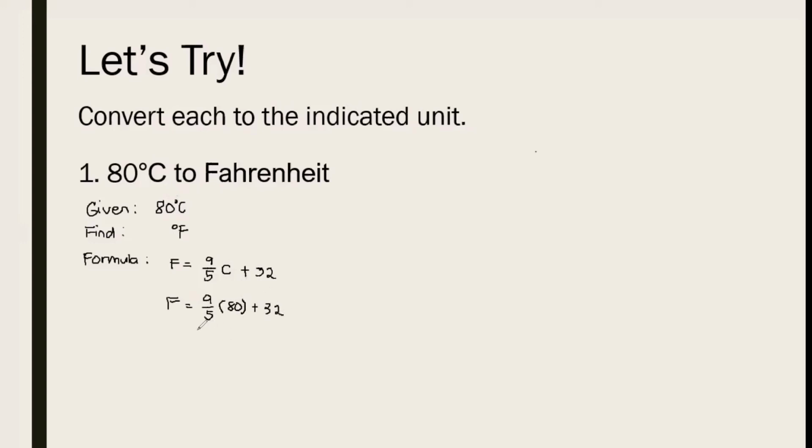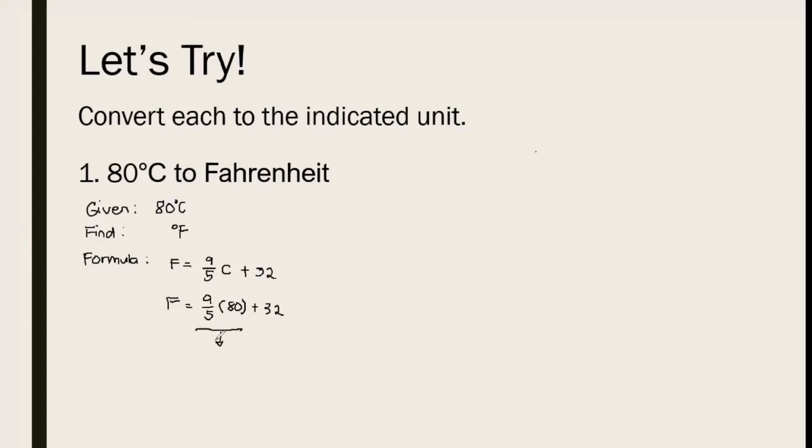In simplifying the right side of the equation here, we simply follow the concept of PEMDAS. So we're going to multiply first 9 over 5 and 80 and then add it to 32. So let's start with this one.